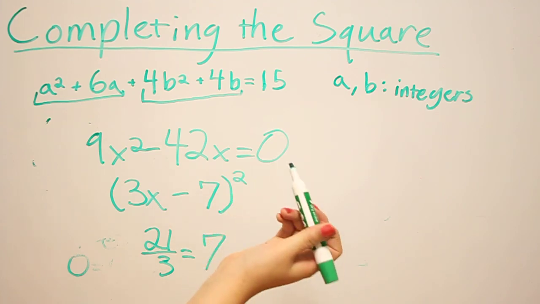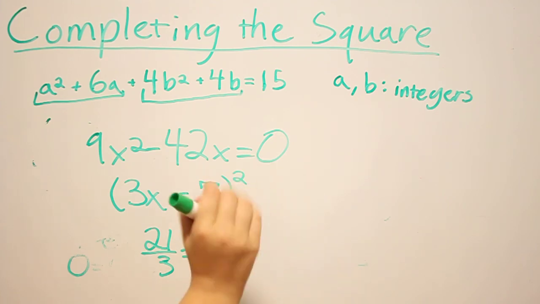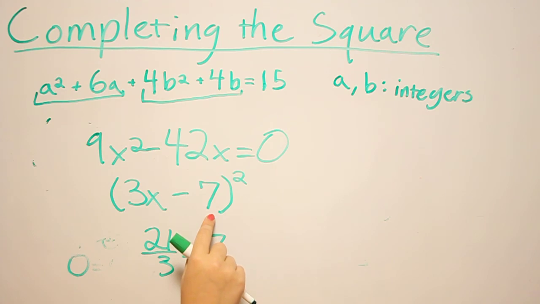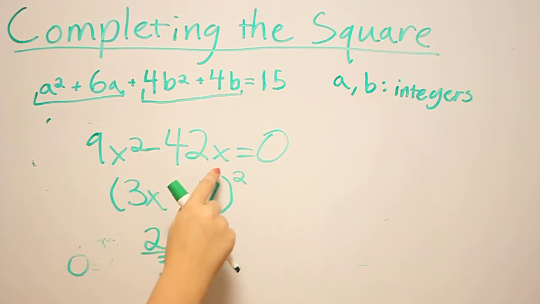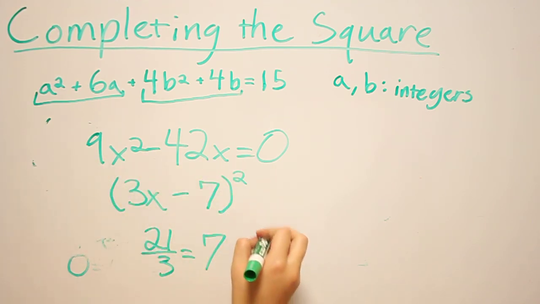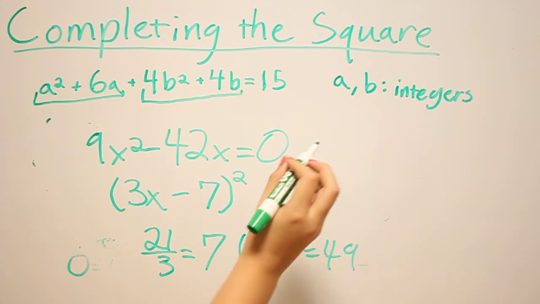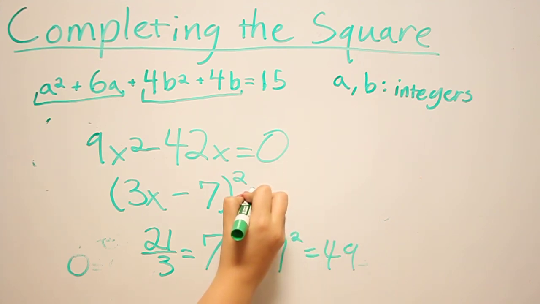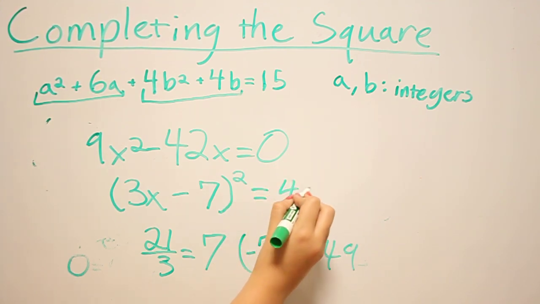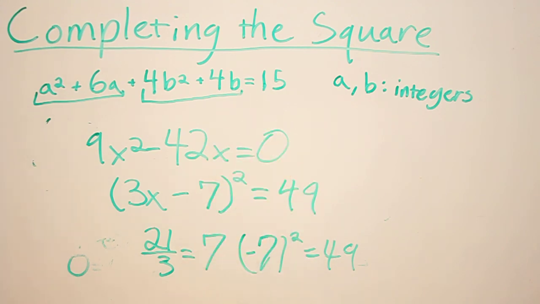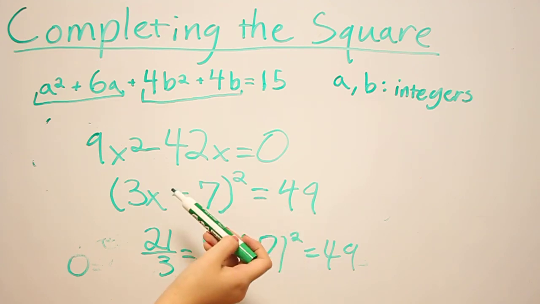The completing the square step would be adding this minus 7 squared term, so you can actually factor this into a square. And minus 7 squared is 49, so to actually do this, we have to add 49 to both sides. So this would give us 3x minus 7 squared equals 49, and then you could solve for x.